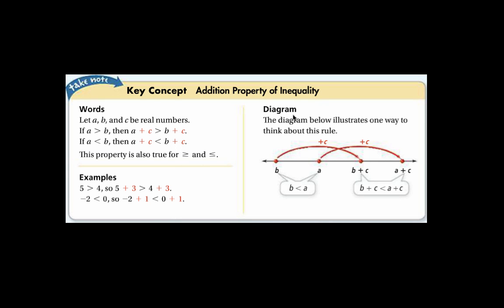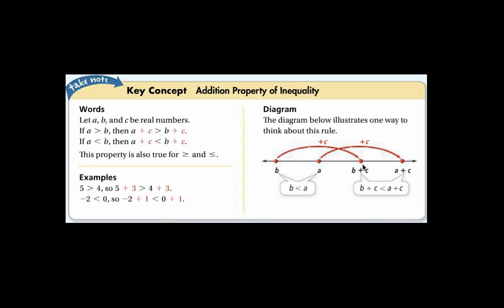So over here in this diagram, it shows you graphically what's going on. If you have b on a number line, a on a number line, we don't know what the values of b and a are, and we don't really need to. But in this visual representation, we know that b is less than a because b is more to the left than a. If I add some value c to b, that's going to move b from here over to here.